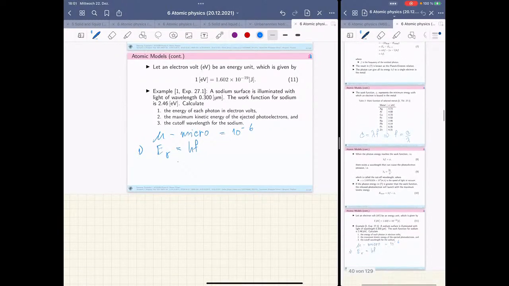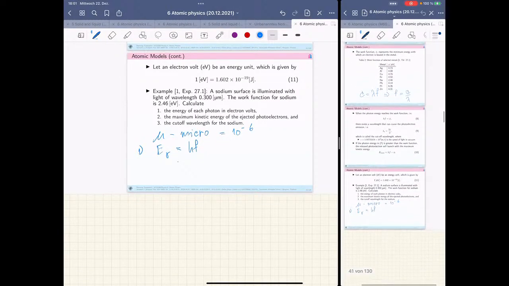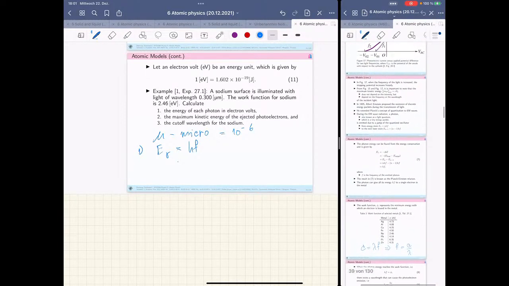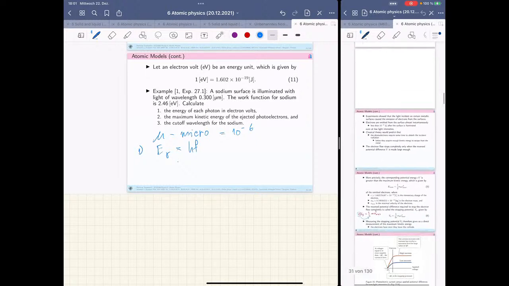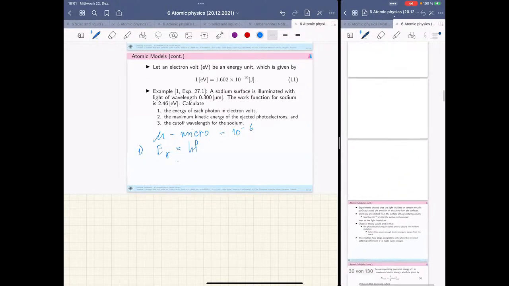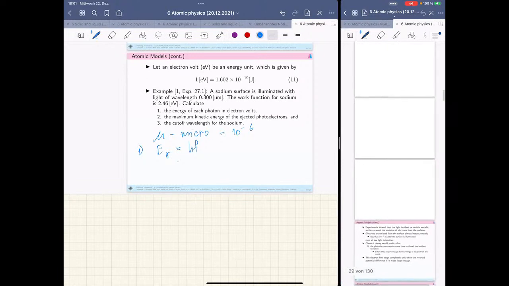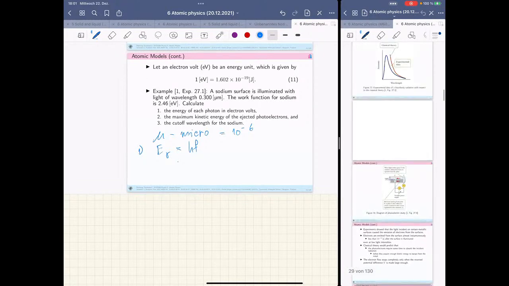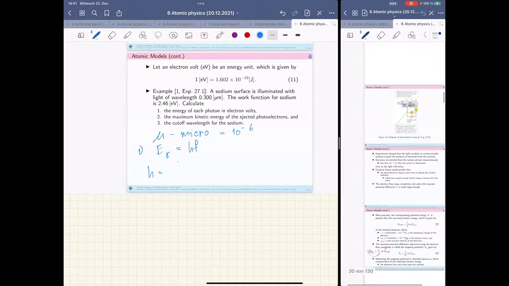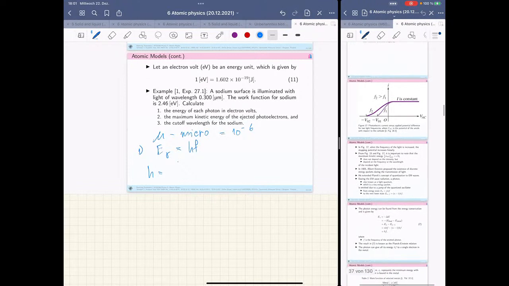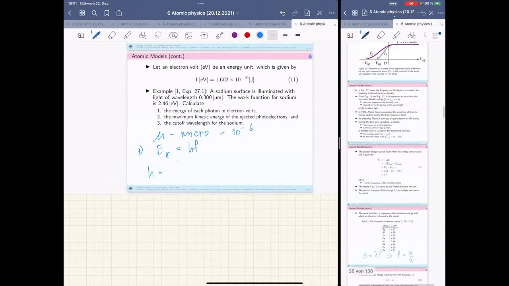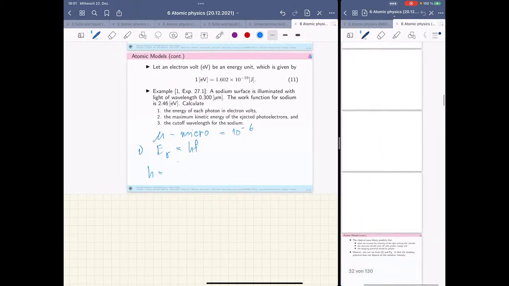Let's recall the value of the Planck constant. h is the Planck constant. It's a very tiny value, 10 to negative 34.